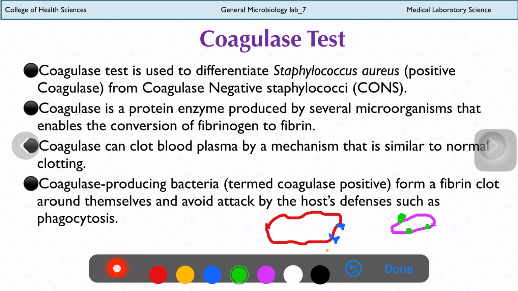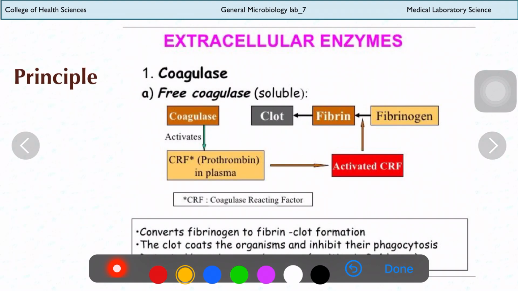This bacterial cell can produce a coat of fibrin in order to protect itself from phagocytes. So this fibrin formation will protect the microorganism from being engulfed by macrophage or phagocyte. We can say it's a defense mechanism which can be used by microorganism in order to evade our immune system or our phagocytic system.